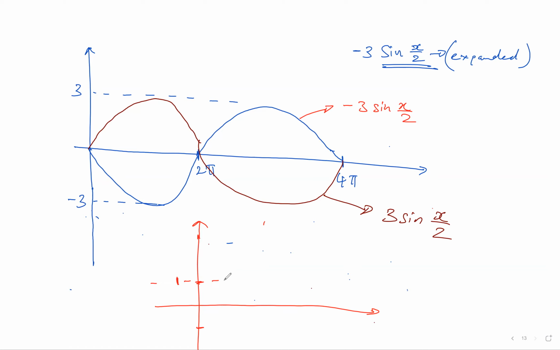This is where I'm going to have the axis of the curve. The highest point now becomes 4. The lowest is now negative 2. Okay, and I can start drawing.